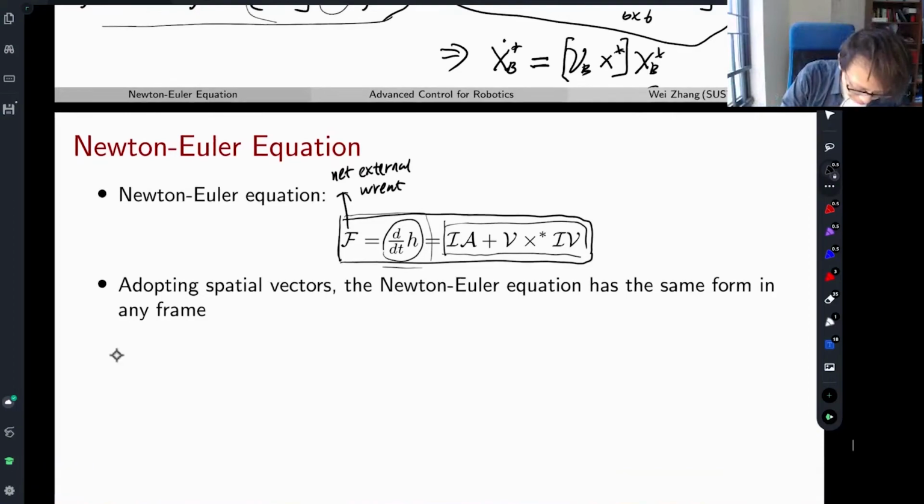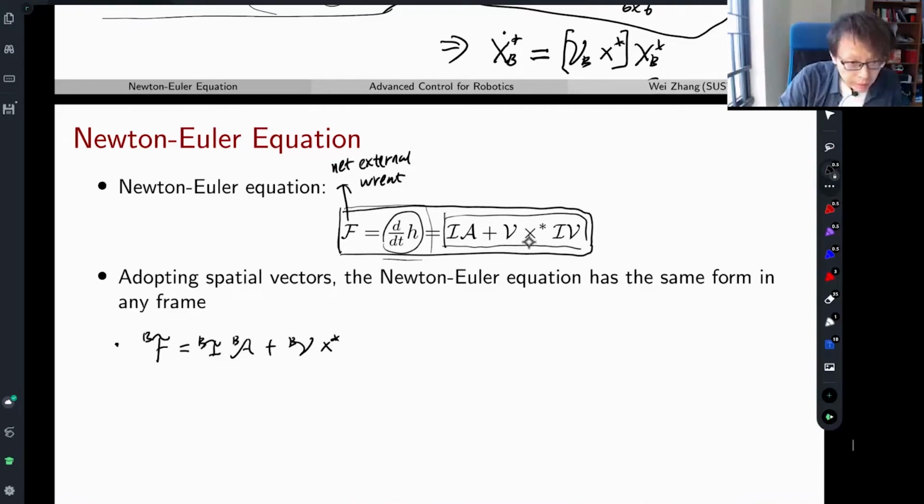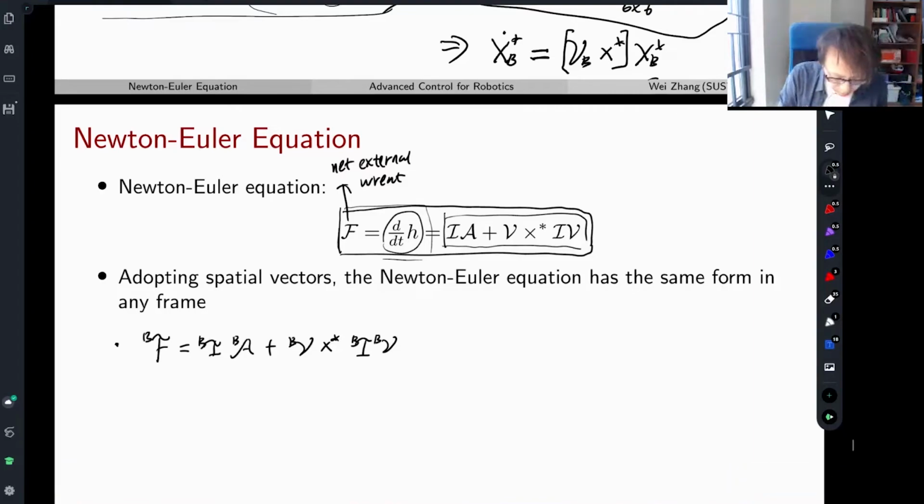What I really mean by that is, for example, if I choose a coordinate, let's say B: IB times spatial acceleration plus VB cross star, this is the motion vector cross, the spatial cross product for forces, times IB VB.